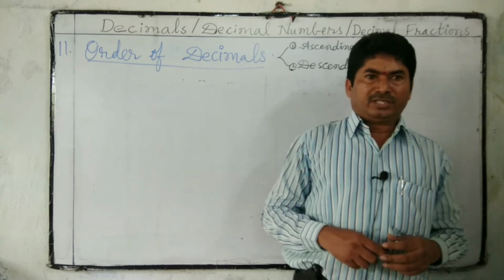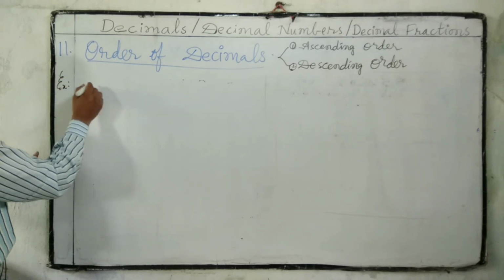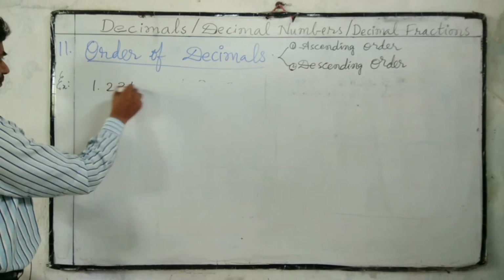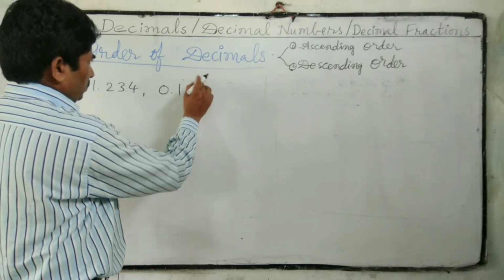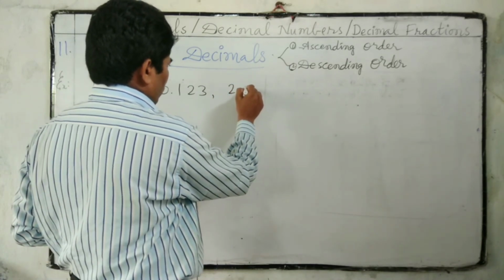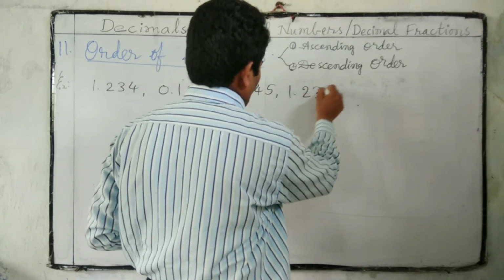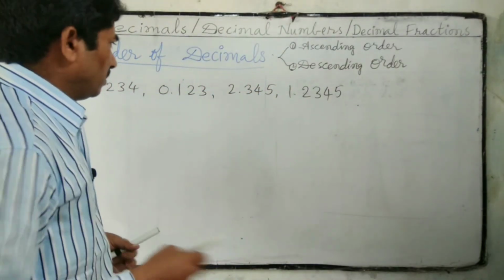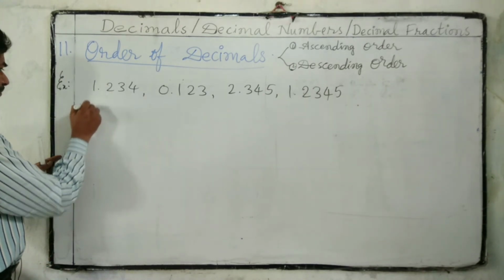Let us see few examples. 1.234, 0.123, 2.345, 1.2345. First, we can arrange these in ascending order.